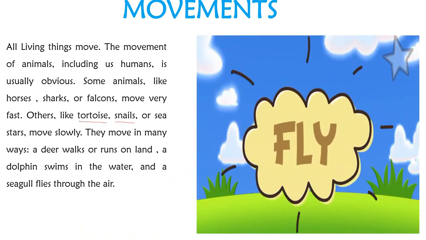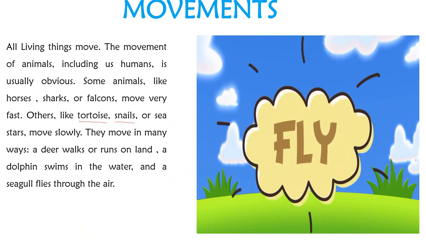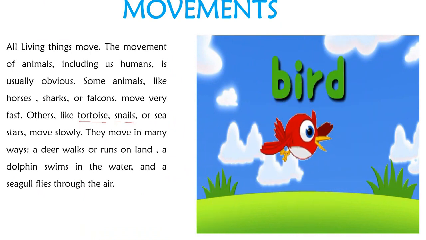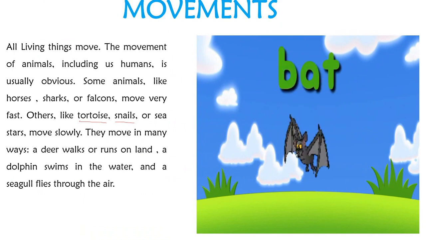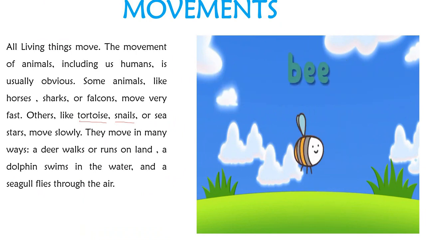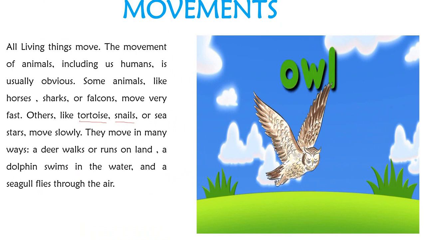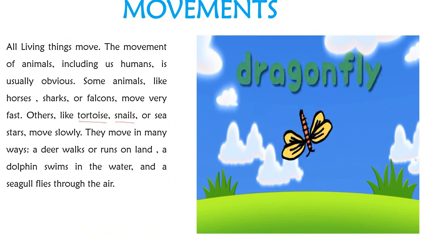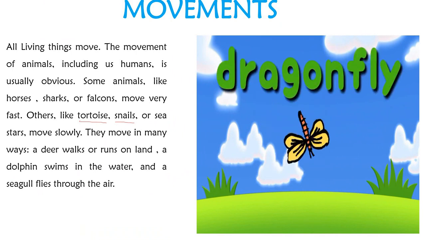And some animals fly in air. A bird, seagull. It's a bird. Birds fly in air. Bat. Bat flies in air. Butterfly flies in air. Honeybees fly in air. Owl flies in air. Dragonfly flies in air.